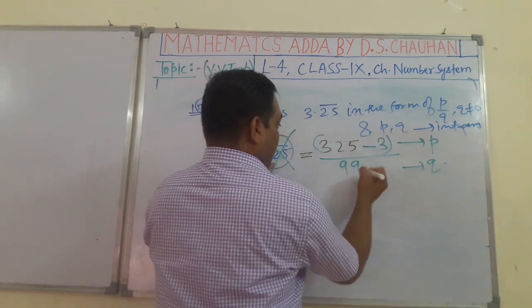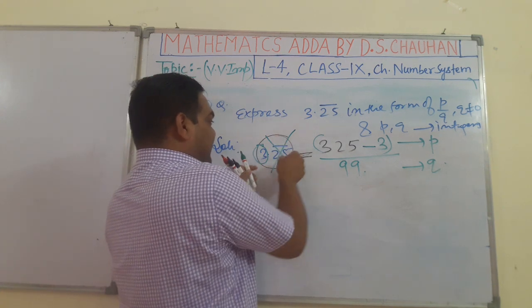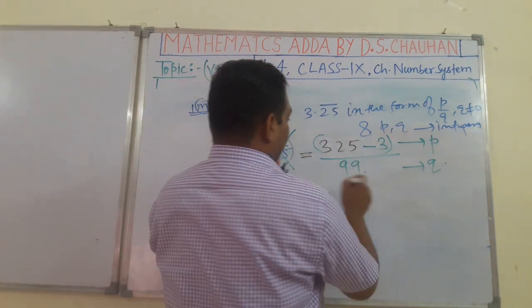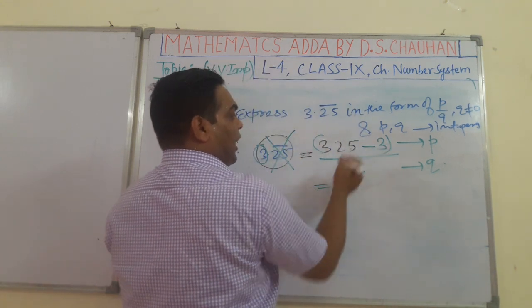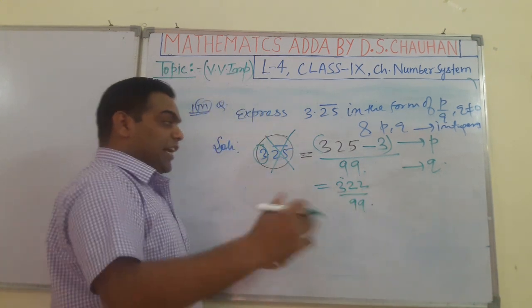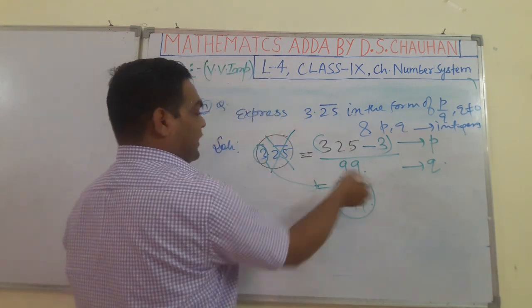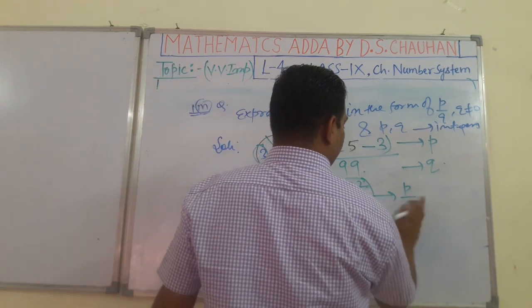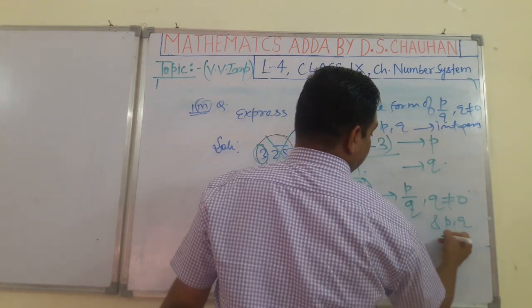So here we will make two 9s, and after these 2 repeated digits, no digit after decimal remains, so no need to write 0. So directly only 99 we will write. Now simplify it. 325 minus 3, how much will you get? 322 upon 99. See here how easily we have converted this given number into the form P by Q. This is the form P by Q, where Q is not equal to 0 and P, Q are integers.